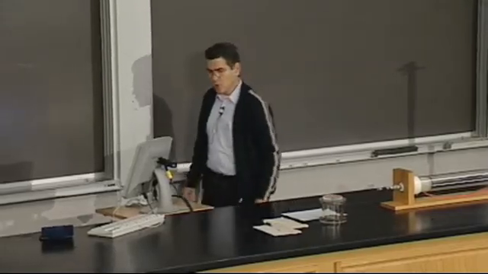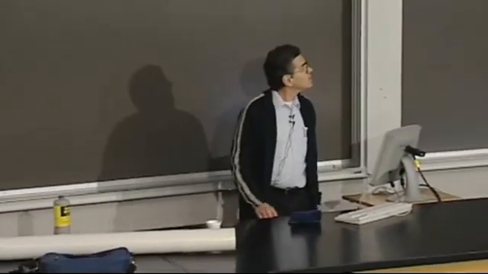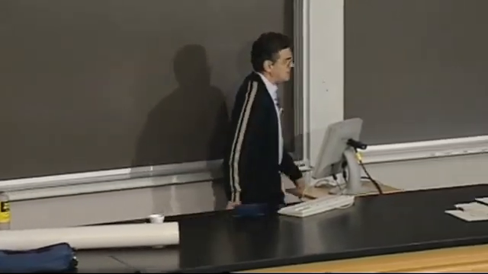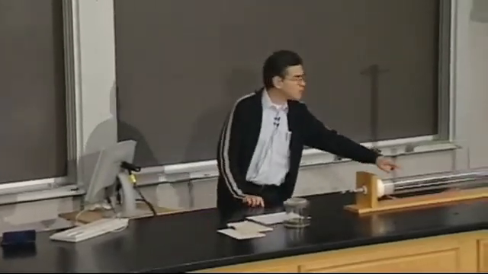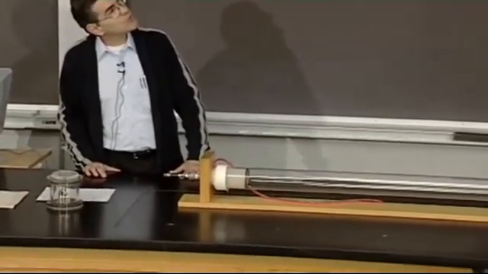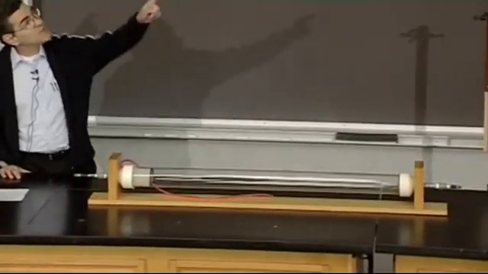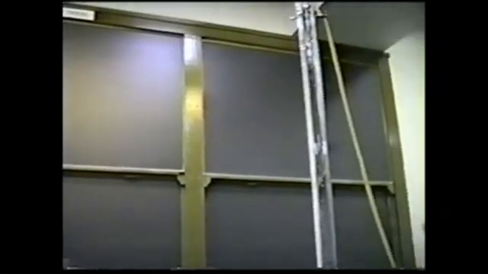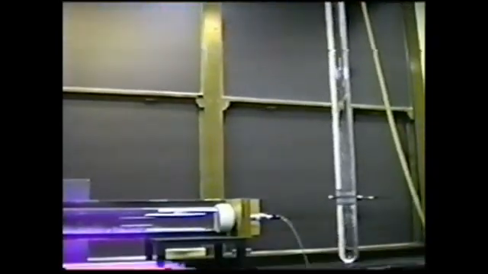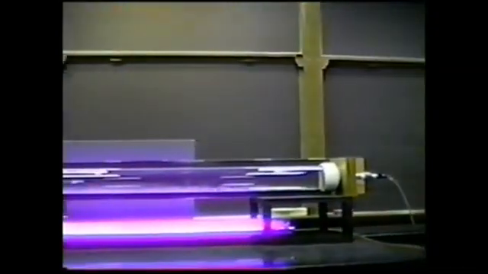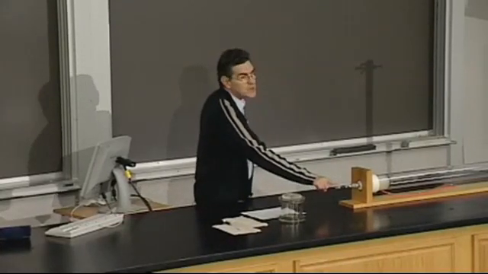Let me see if I can show you a movie of something. What you're looking at is this tube that's sitting right on the table here. Water is going to flow through the tube, and it is fed by this 8-foot-high glass reservoir. The water flows down from that reservoir and into this pipe over here.